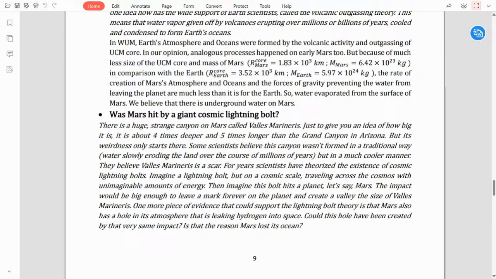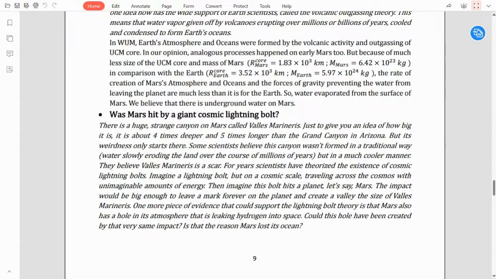Imagine a lightning bolt, but on a cosmic scale, traveling across the cosmos with unimaginable amounts of energy. Then imagine this bolt hits a planet, let's say Mars. The impact would be big enough to leave a mark forever on the planet and create a valley the size of Valles Marineris.